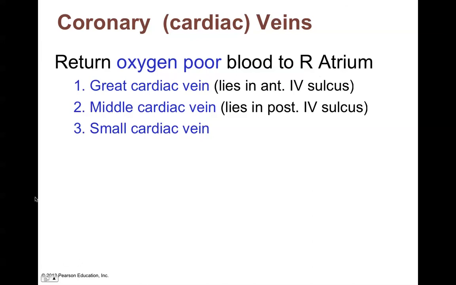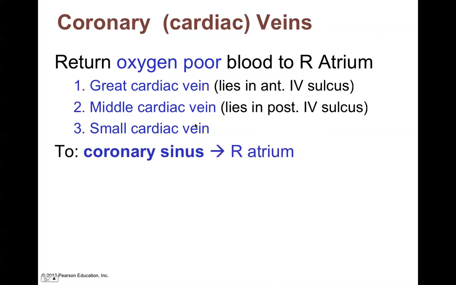There's actually more than that, but there's a great cardiac vein that lies in this anterior interventricular sulcus in front of the heart, and then the middle cardiac vein that lies in a posterior interventricular sulcus, and then the small cardiac vein.